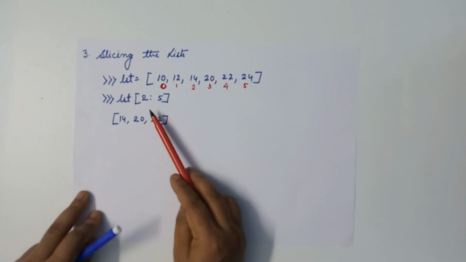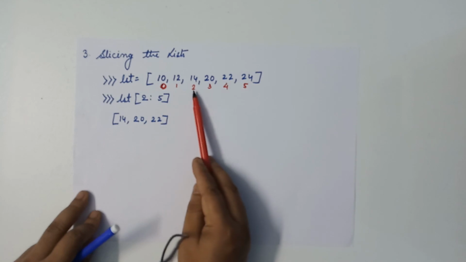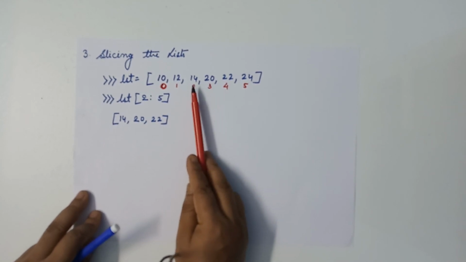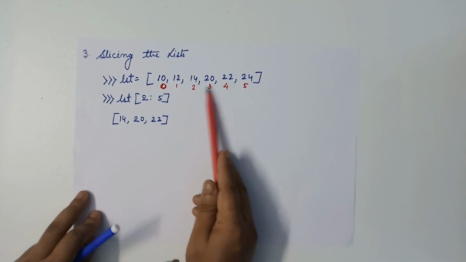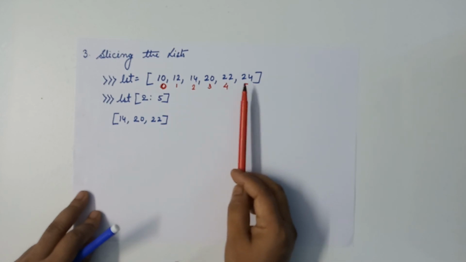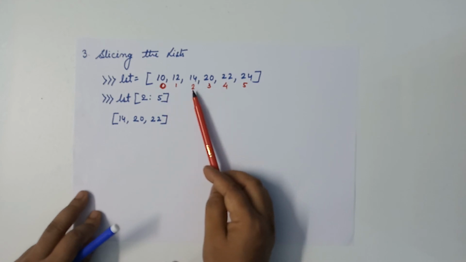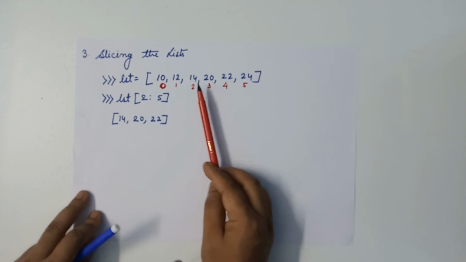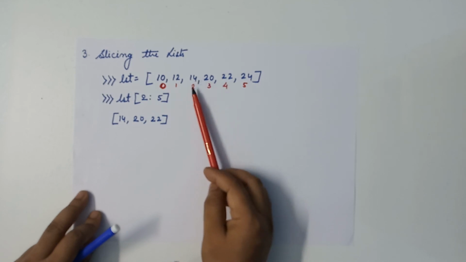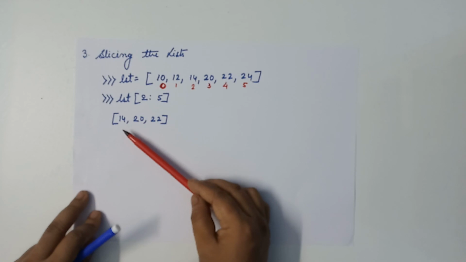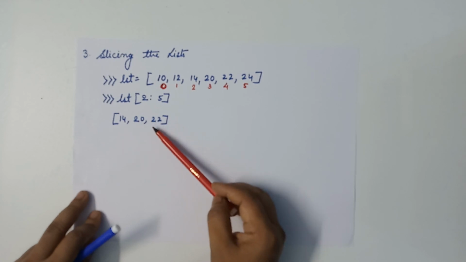That means it will start from index 2, that is 14. It will not reach till 5, as we know the upper bound works as upper bound minus 1. So it will show the elements at indexes 2, 3 and 4 only. So the answer will be 14, 20 and 22.